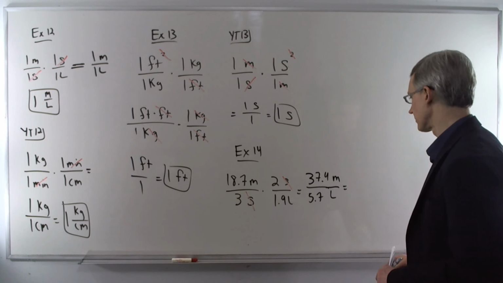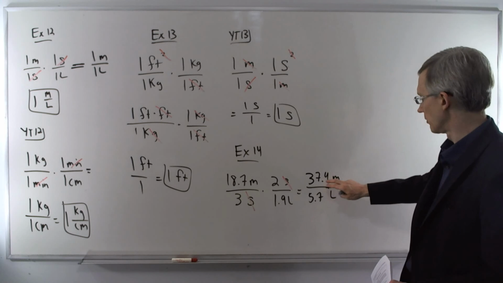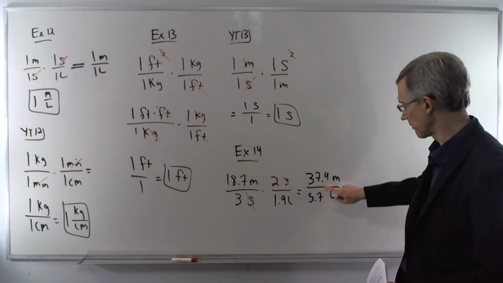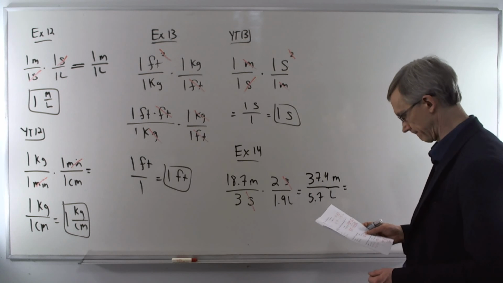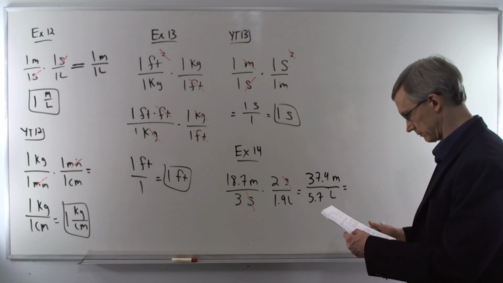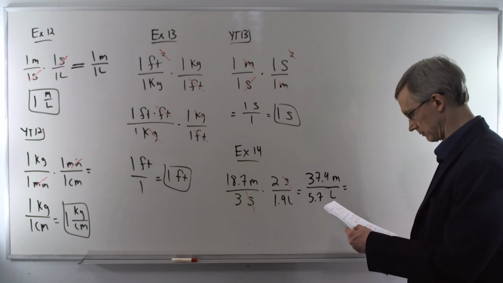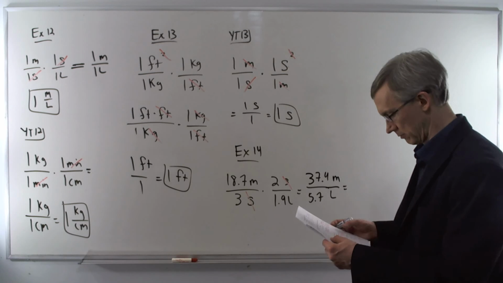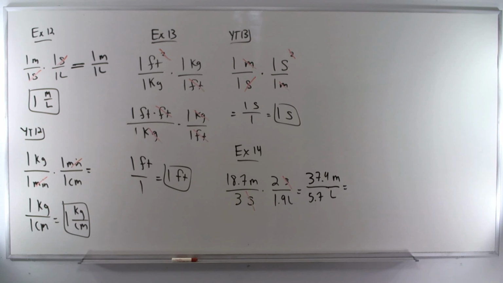Now finally we'll divide those numbers, 37.4 divided by 5.7. Once you get down to a single number on top, single number on the bottom, then we can divide. I have a misprint on my sheet here, just give me 1 second.